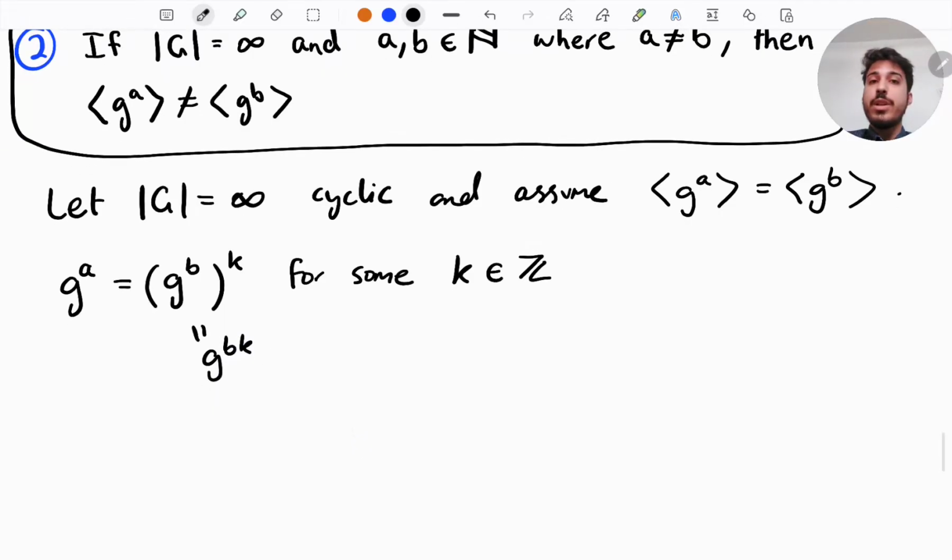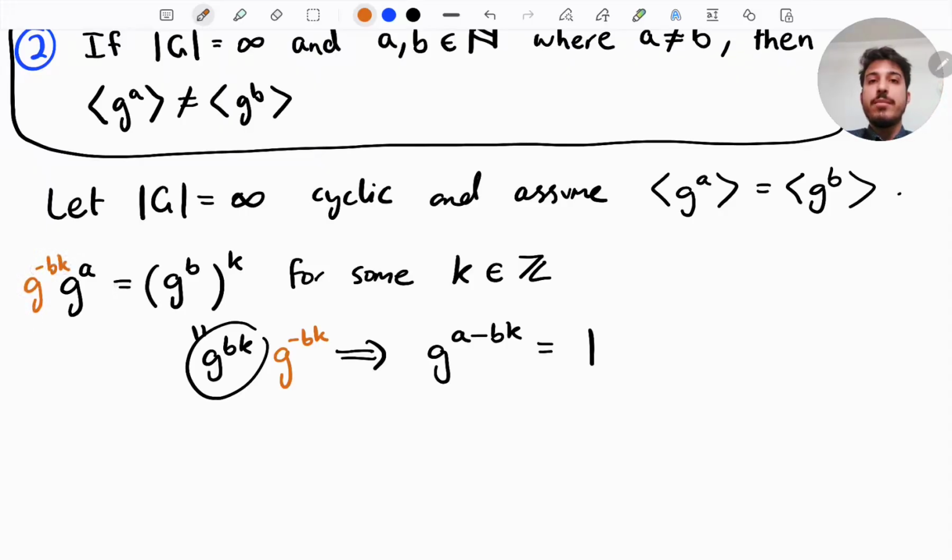And now we're going to move this to the other side of the equation to have G to the A minus BK is equal to the identity element. What I mean by moving it to the other side is just multiplying by the inverse on both sides, basically performing some algebra.